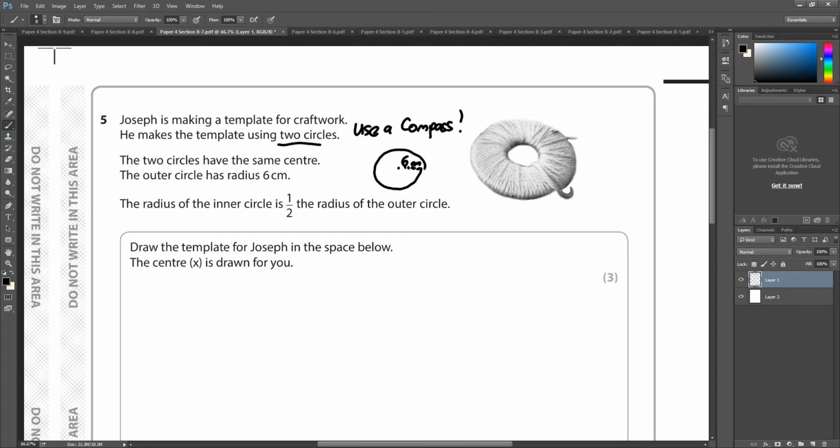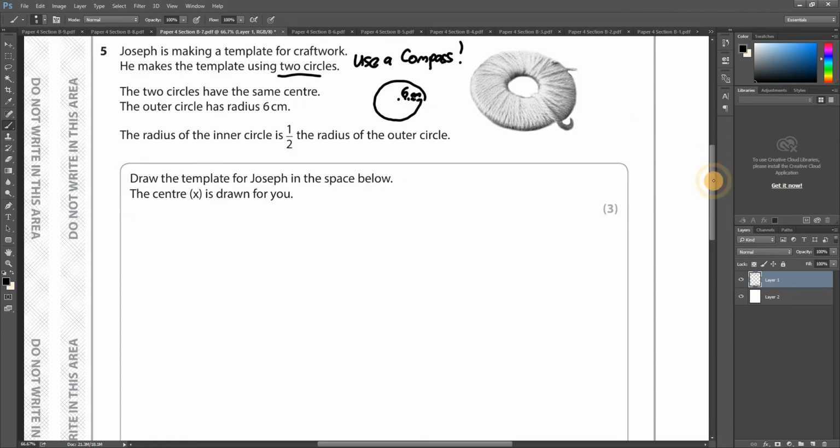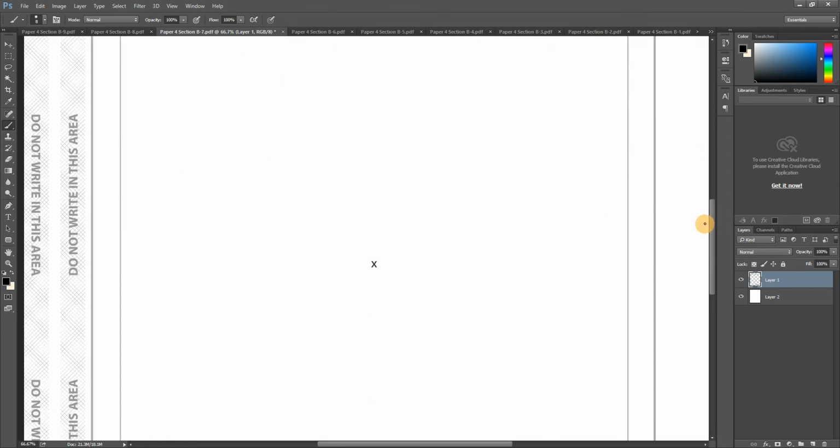Use a ruler and stretch it out to 6 centimeters. Just make sure it's exactly on 6. So put the point on 0 centimeters and put the pencil side of the compass on 6. That's how you do it. And then put your point in the center. I know it's a bit fiddly, but the only way is by practicing.